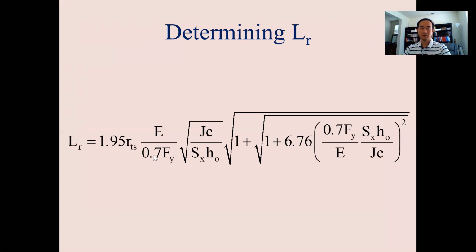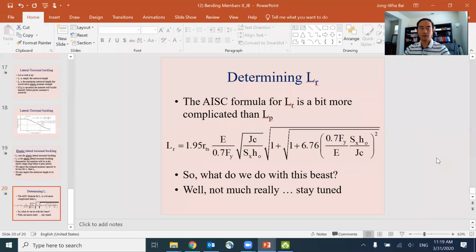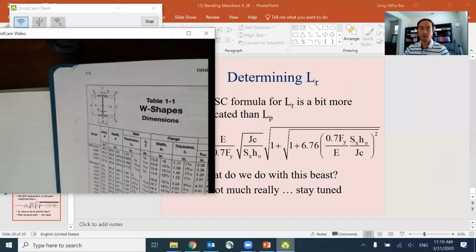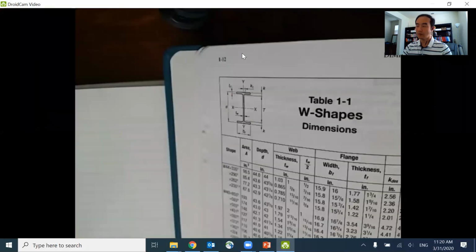So let me just show you the L sub P and L sub R values from the steel manual, and how we can find those values. Let me go back to this document camera.